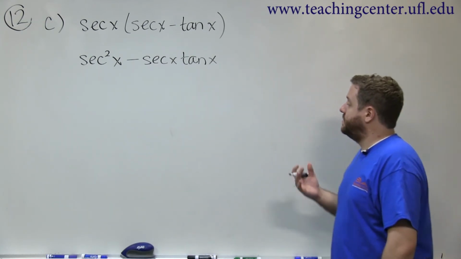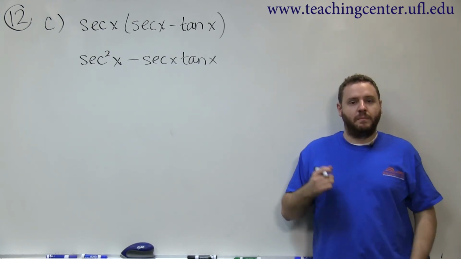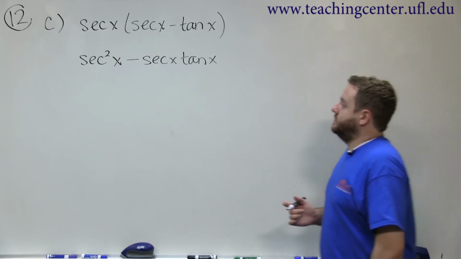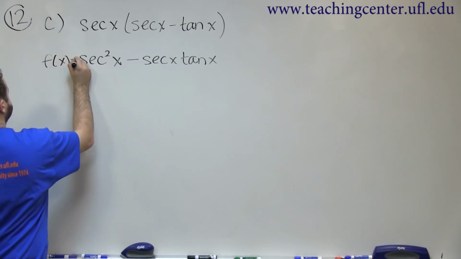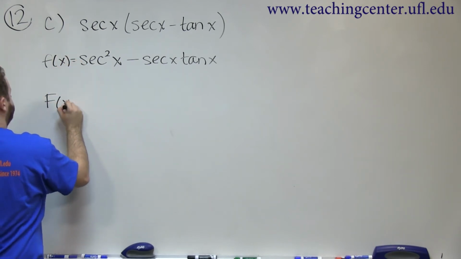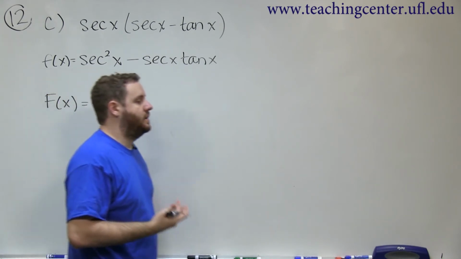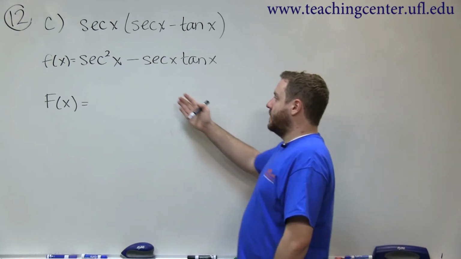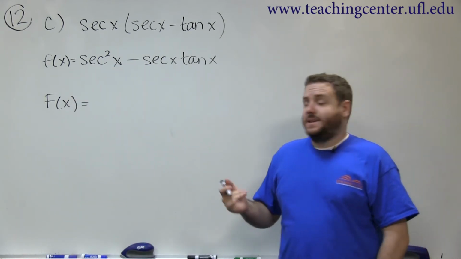So this problem basically just comes down to memorizing your trig derivatives. So if this is f of x, we need to find capital F, the antiderivative of this. So you don't need to necessarily remember them in both directions. Just think about the derivative of what is secant squared. So the derivative of tangent is secant squared.